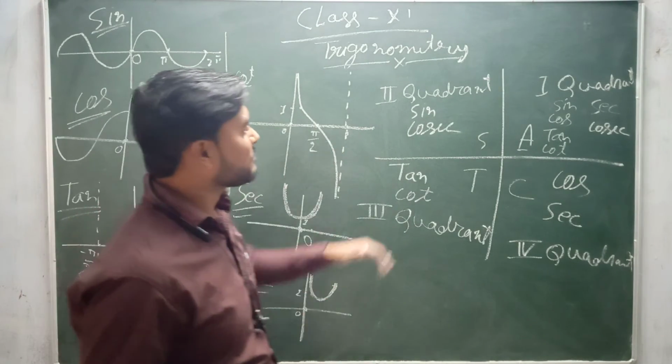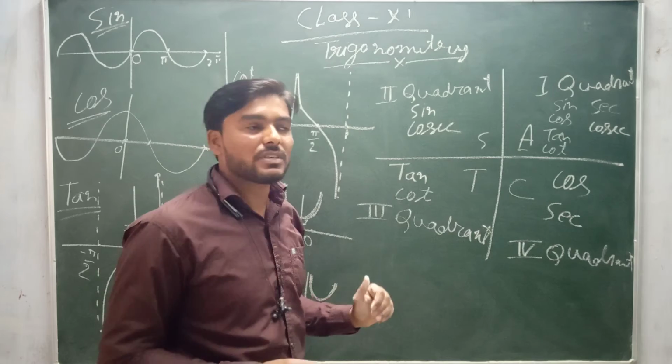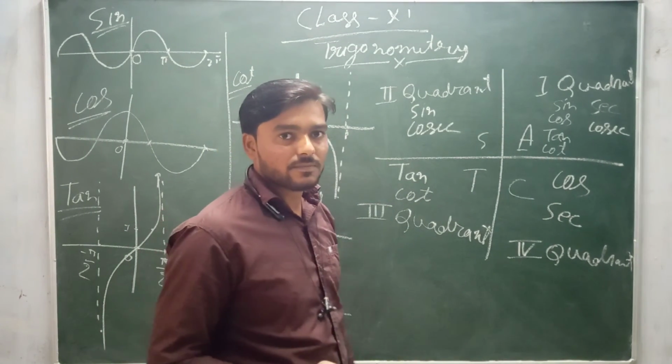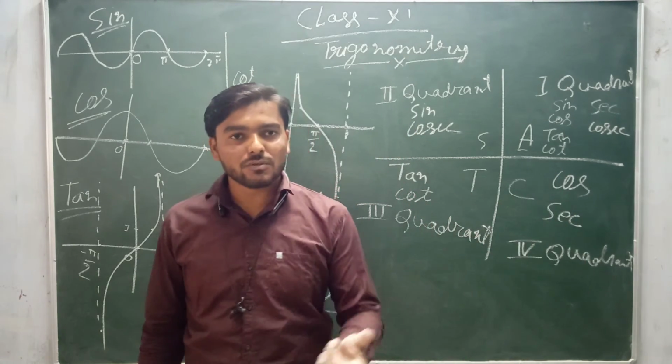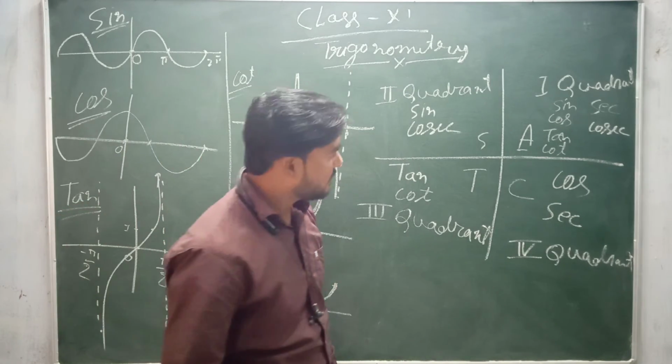For the second, sine and cosec. For the third, tan and cot, both will be positive. Now for the fourth quadrant, cos and sec, both will be positive.